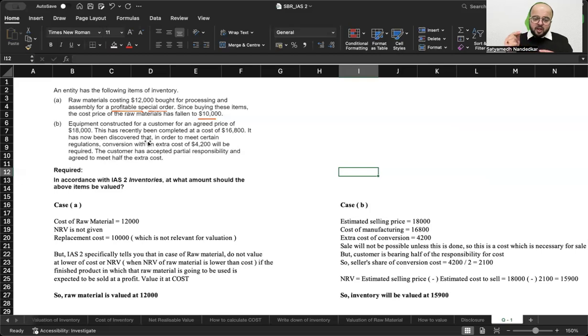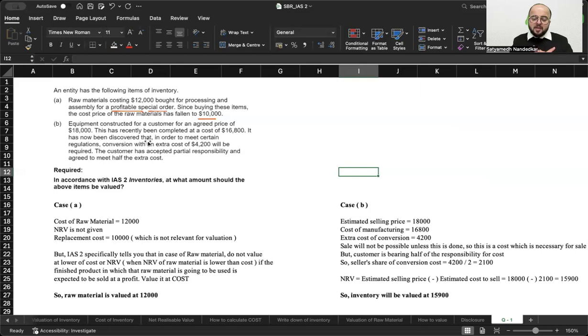Equipment constructed for a customer at an agreed price of 18,000. 18,000 is the estimated selling price. This is the agreed amount. This has recently been completed at a cost of 16,800. It has now been discovered that in order to meet certain regulations, conversion with an extra cost of 4200 will be required.